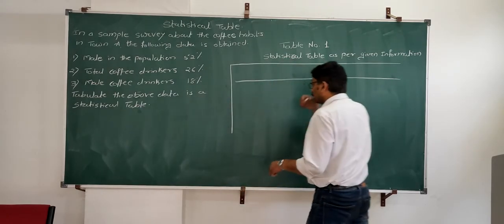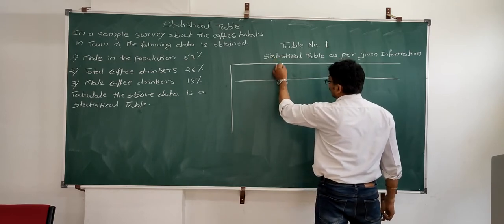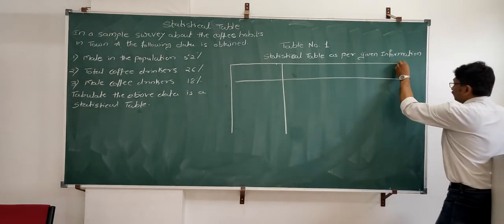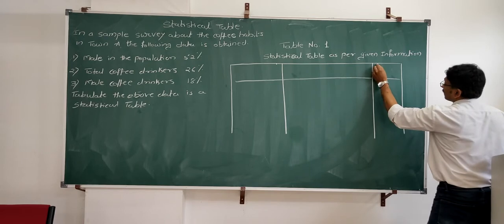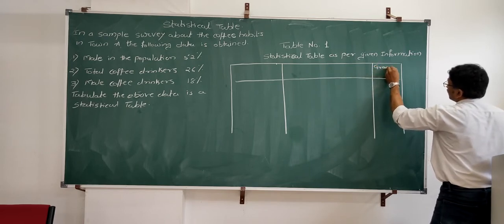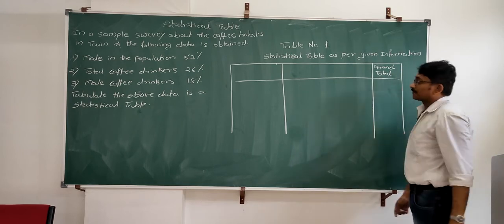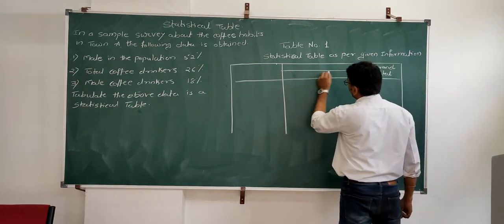Okay. So how to prepare the table? This is important. Okay, as all of you know, always the last one is grand total. So I'll write here as grand total. In this remaining space, I will make 2 parts.